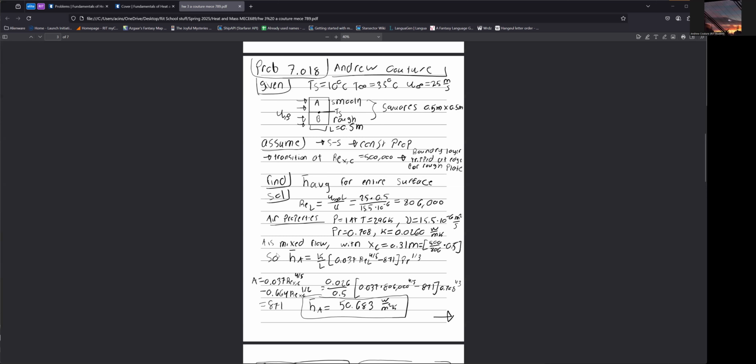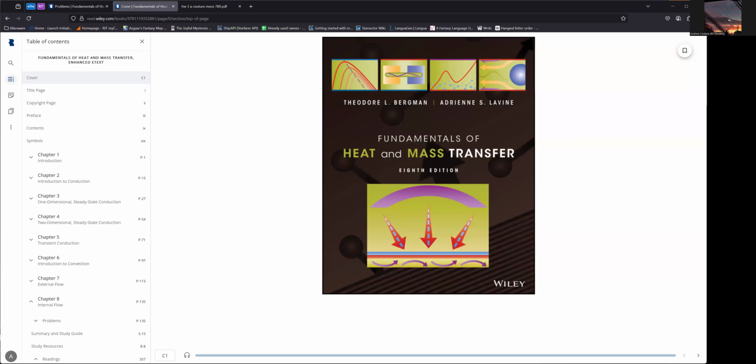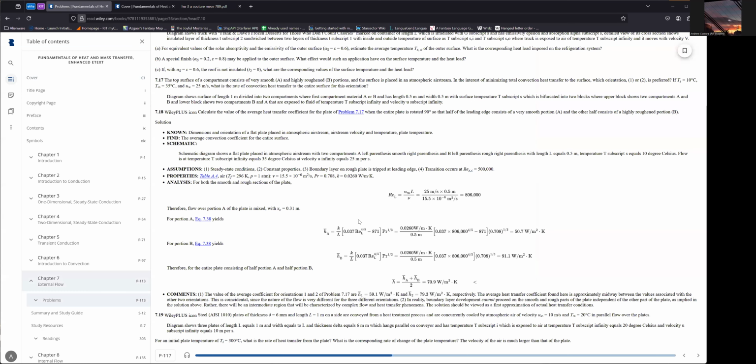So for A being mixed flow, we determine x_c, which is 0.13 m. Then we use the equation for mixed flow from the book, which I believe is equation number 7.38.